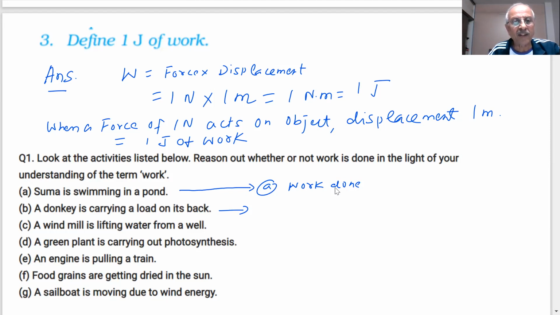When the donkey is carrying a load, what does it mean? Sir, work is done. Work is done. As he is carrying, the donkey is moving against the force of friction.